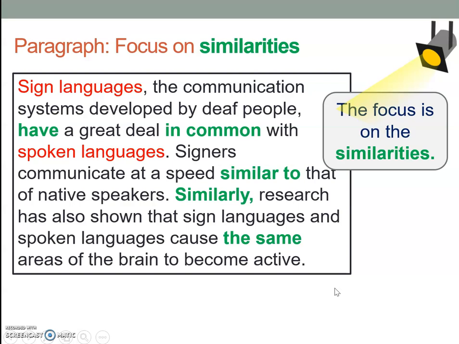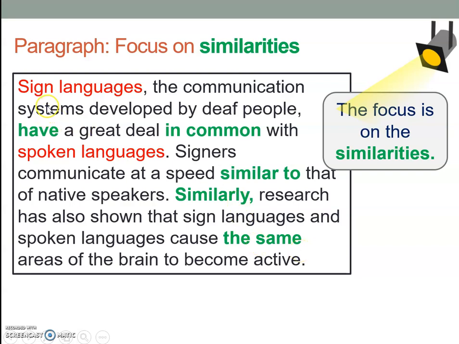So now let's look at a text. Sometimes a text will focus on similarities, and this is where we have to pay attention to words or phrases that point to similarities, things that are similar or alike.